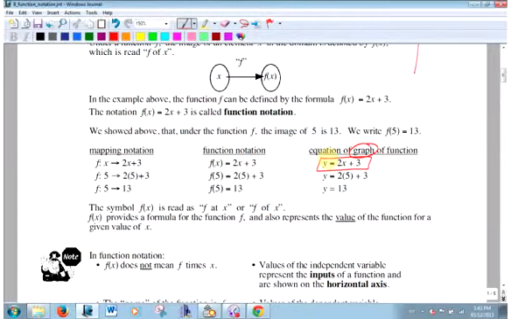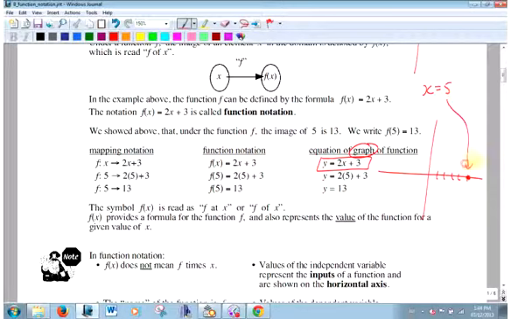And if I tell you x is 5, is that independent or dependent? Independent. Is that domain or range? Domain. Is that the input or the output? That's the input. I'm saying all the same thing. Why do we have 4 ways to say it? I don't know. I'm just here to teach it to you.